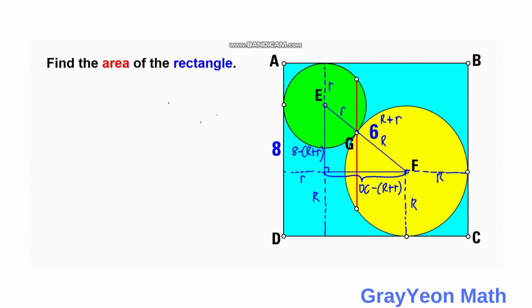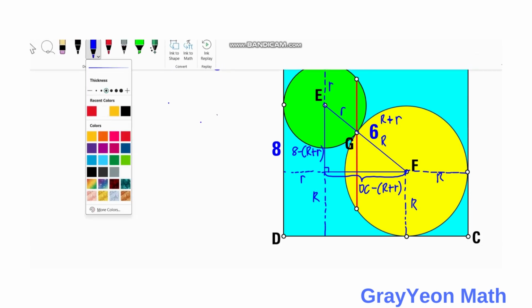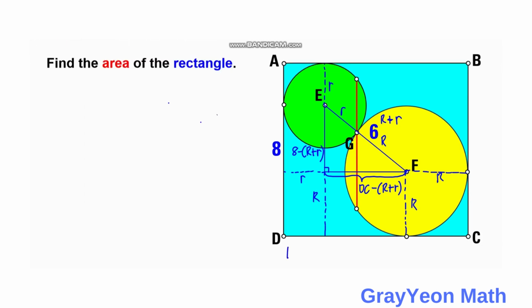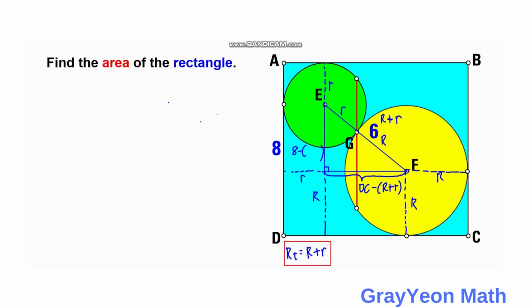Okay, to make things simpler, let us represent R plus r as RT, equal to R plus r for simplicity. Next we replace R plus r with RT.